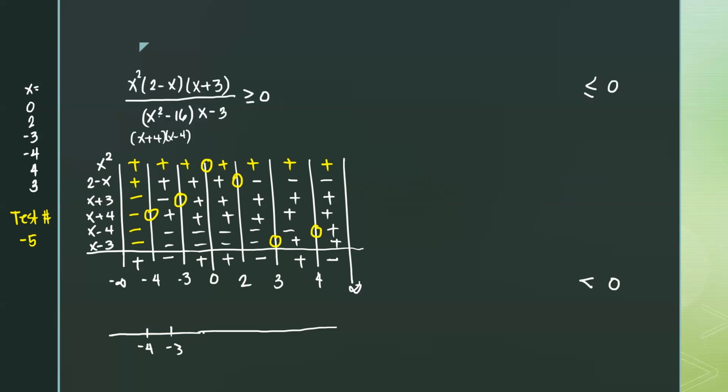Okay. Now, for the first question, let's plot it. -4, -3, 0, 2, 3, 4. It has an equal sign, greater than. So what will I look at? All the positives. Very good. So here, -3 up to 0, 0 up to 2, 3 up to 4.